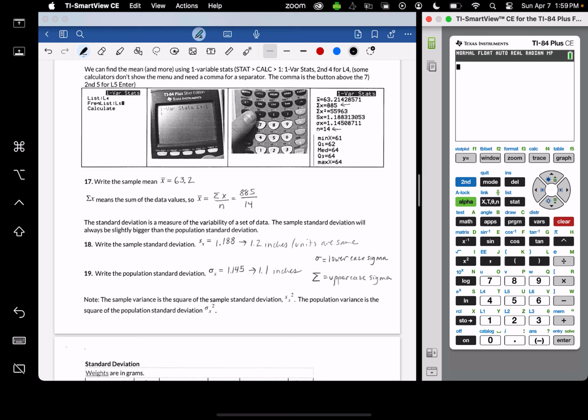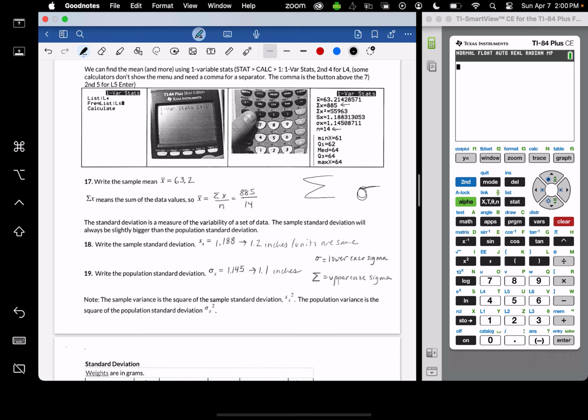So the sample mean x bar was 63.2. Sigma x, okay, so this symbol is the capital S, Greek letter S, sigma, and we will also learn that there's a lowercase letter s, which is also sigma, and again, it looks sort of like an O with a tail on it.